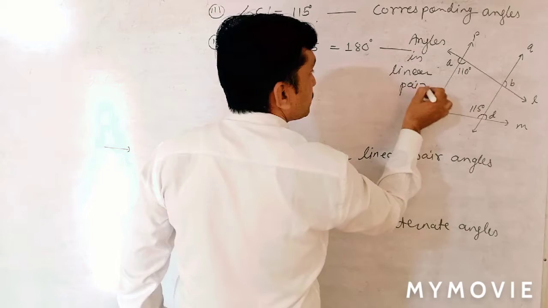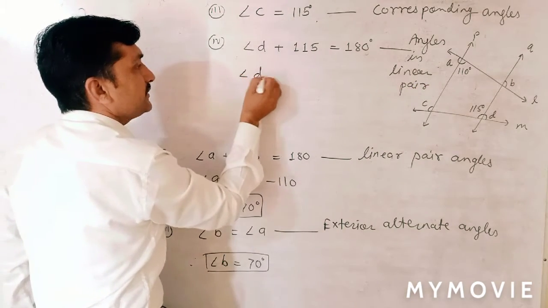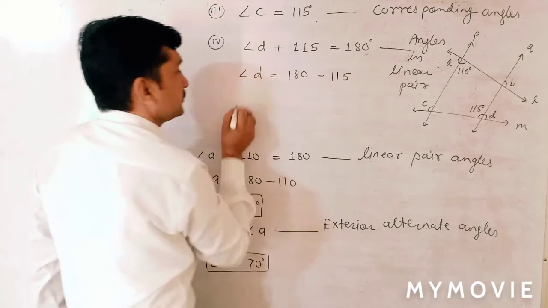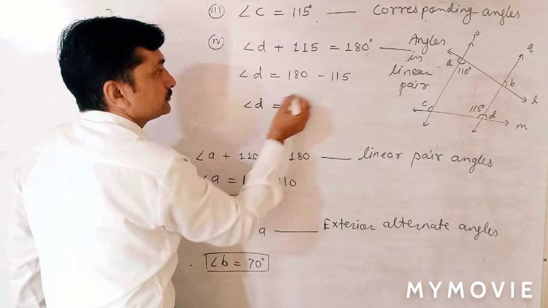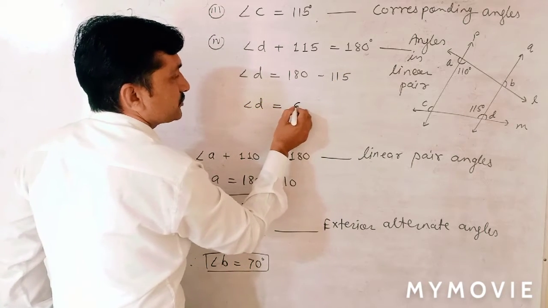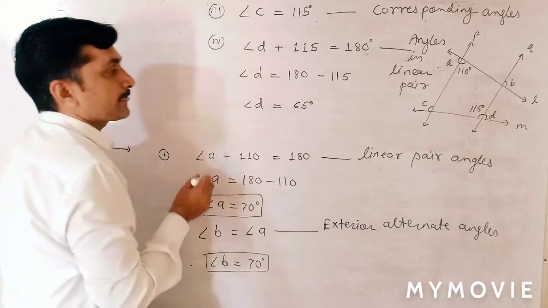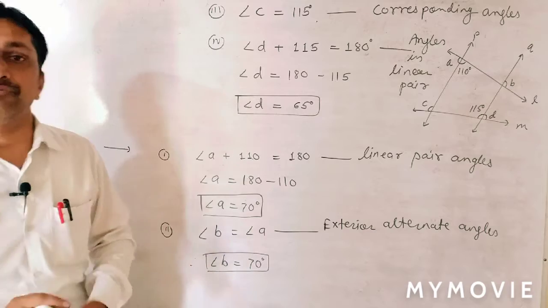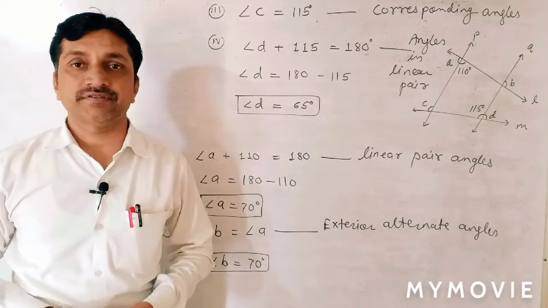Therefore, angle D is equal to 180 minus 115. Angle D is equal to 65. In this way, we got the measures of all angles.